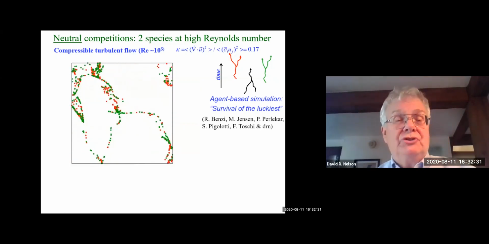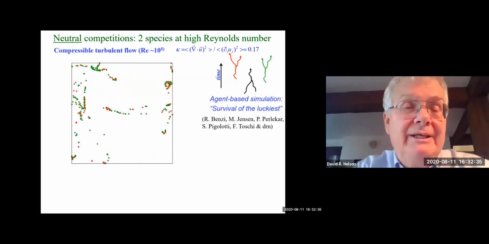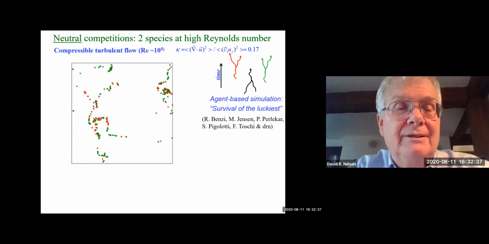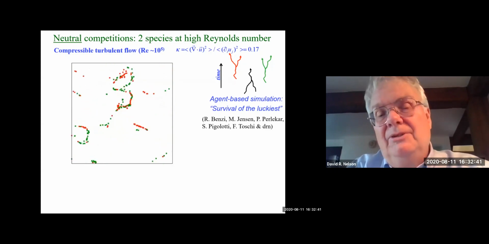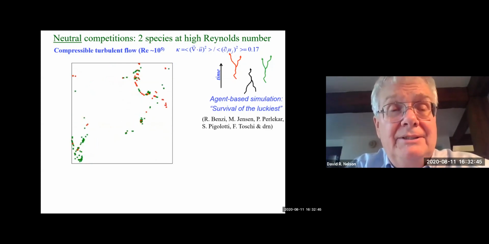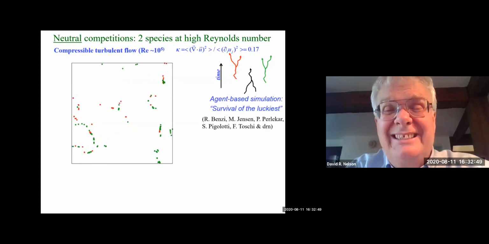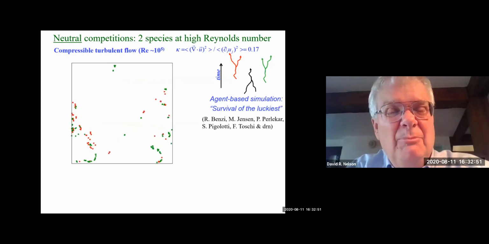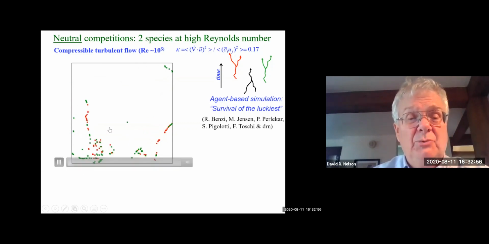They're competing in a neutral sense. They are reproducing at the same rate. They're not making toxins, although we'd like to put that in and see what happens. And the compressible turbulence greatly reduces the carrying capacity, reduces their numbers. The population never goes extinct in the simulation, but eventually, if you run it long enough, one or the other of these will take over.